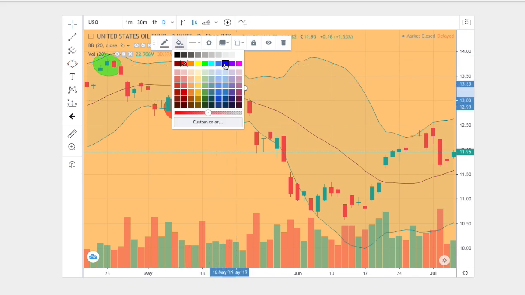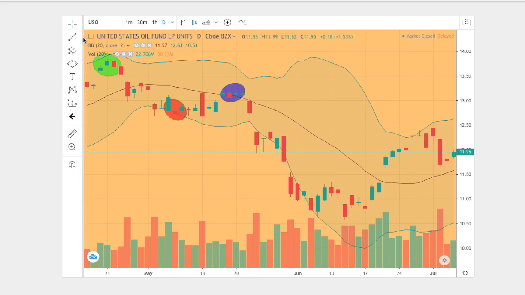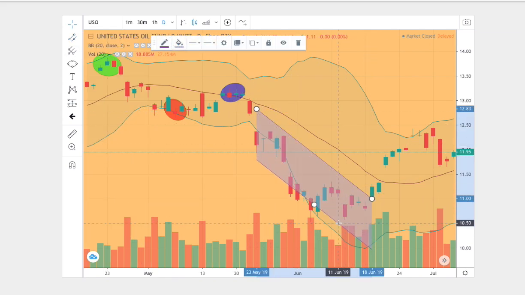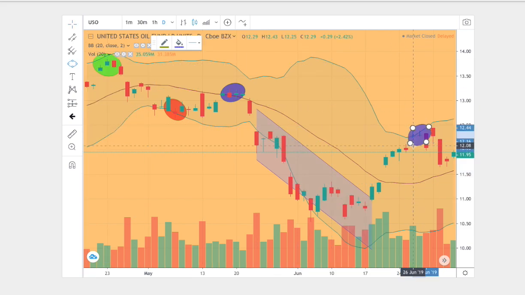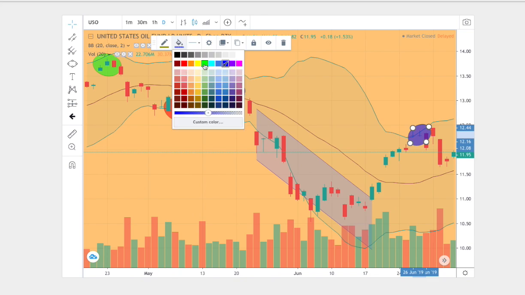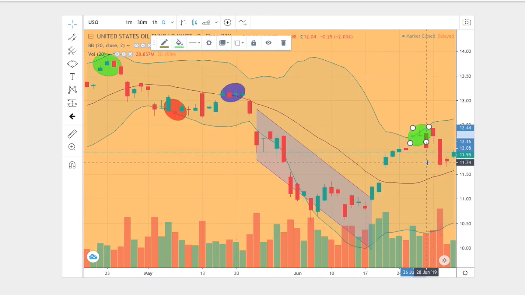We went down lower into a downtrend for several days right here, and then we quickly reversed to touch the upper Bollinger Band, and then we reverted to the mean and touched the middle Bollinger Band right here.